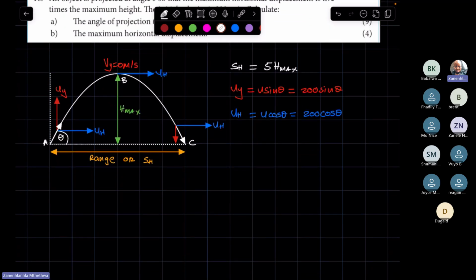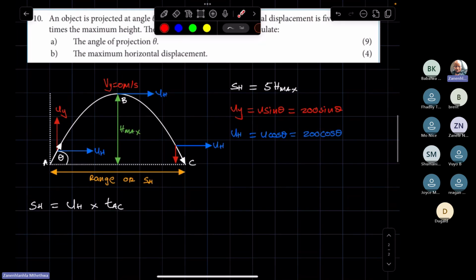Looking at SH, what is SH equal to? SH is equal to UH times TAC.